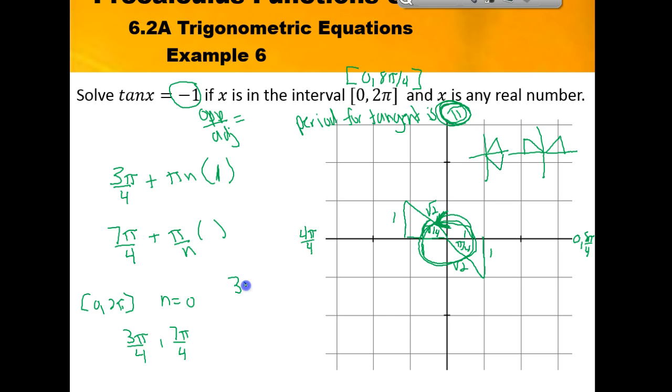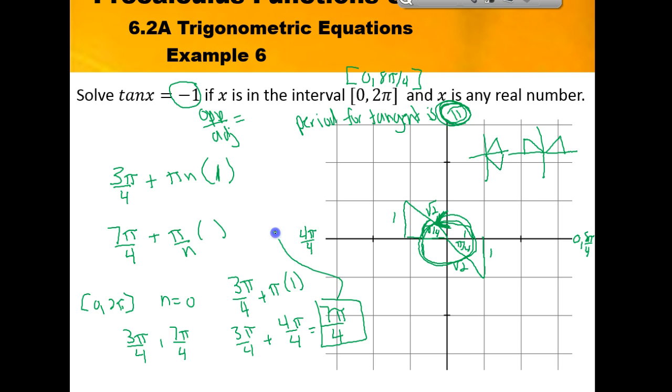Then I'm going to get 3 pi over 4 plus pi times n, but n is just going to be 1. So 3 pi over 4 plus pi, and the best way of writing pi is 4 pi over 4. And what is 3 pi over 4 plus 4 pi over 4? Yes, you guessed it, it's 7 pi over 4.